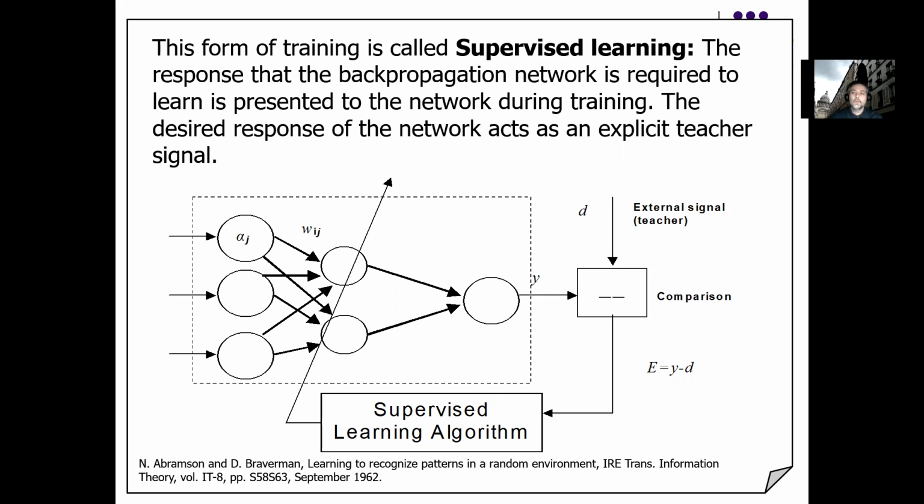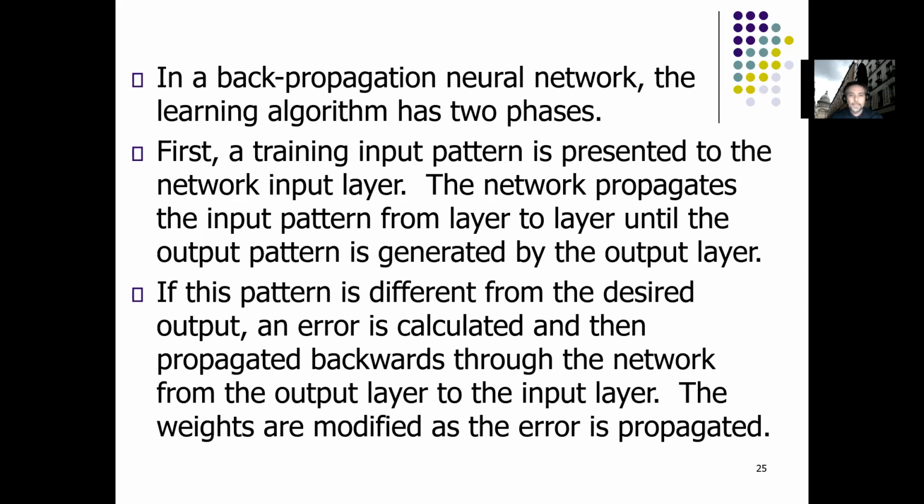That was the Institute of Radio Engineers at the time. Now it's called the Institute of Electrical and Electronics Engineers, and they still publish the IEEE Transactions on Information Theory. So in one of the volumes in 1962, they introduced this concept of supervised learning.